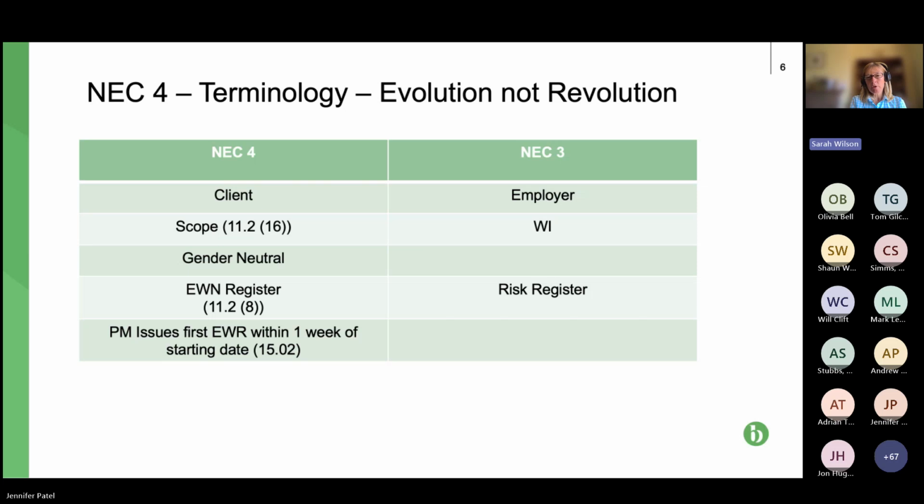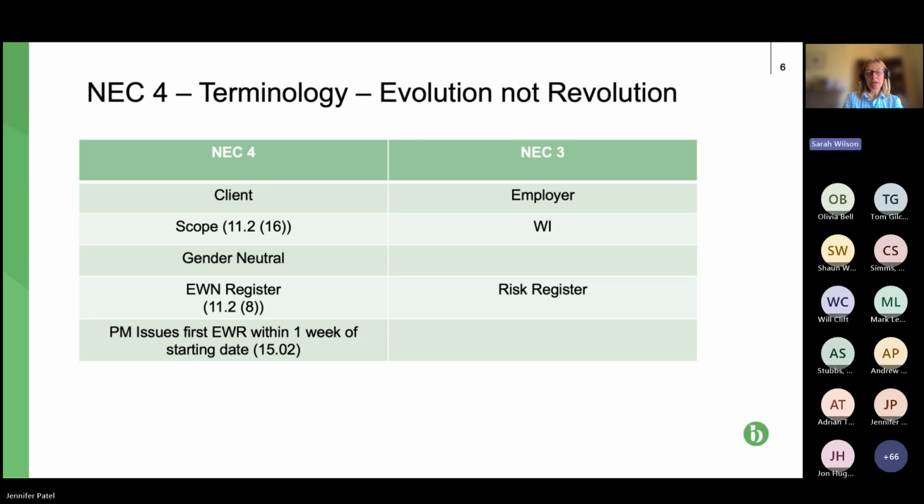It's gender neutral. NEC 3 introduced as one of its changes a risk register. The title caused a lot of issues because people thought that it was setting out what the risks were, whereas it wasn't. It was just registering what the risks were, not who bore the risk of those risks.